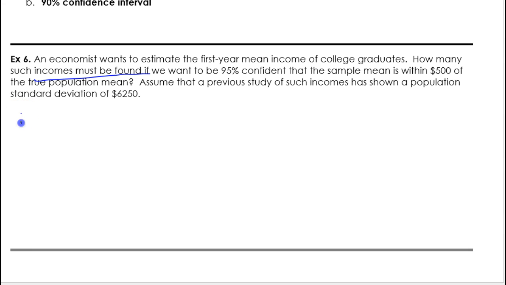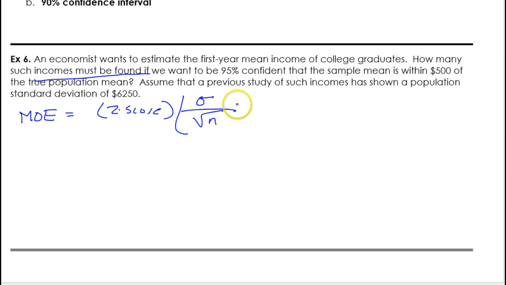So here's our formula. The margin of error is equal to the z-score times the standard deviation over the square root of the sample size. But this time it's n that we're looking for. We're given everything else. It's a little tricky to see where the margin of error is in this problem. Remember, the margin of error is always the thing that we're adding or subtracting.